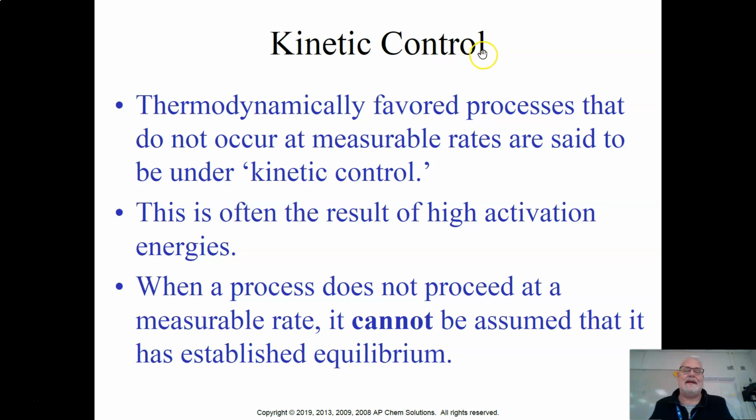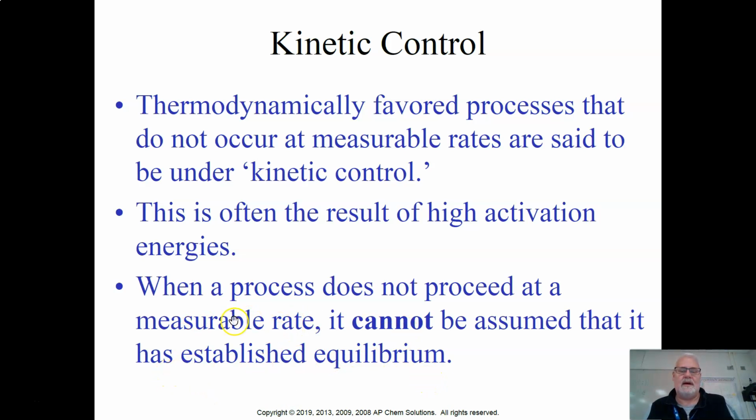So kinetic control, if we read through this: thermodynamically favored processes that do not occur at measurable rates are said to be under kinetic control. And this would often be the result of a really high activation energy. It cannot be assumed that it has established equilibrium.